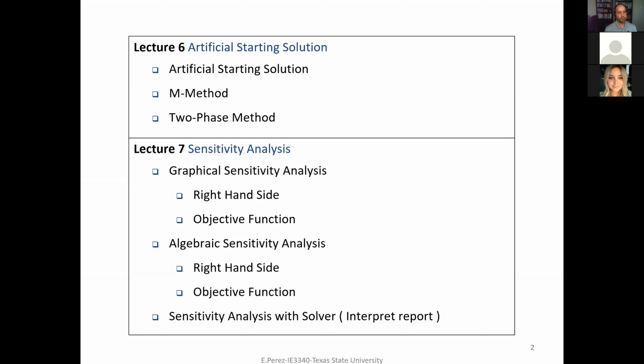So when you put the problem into equation form, you don't have an initial solution available. That's why you need to use the artificial variables. The artificial variables allow you to find that initial solution so you can implement the simplex method.